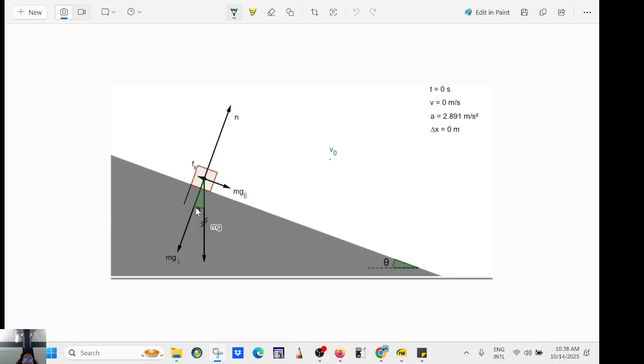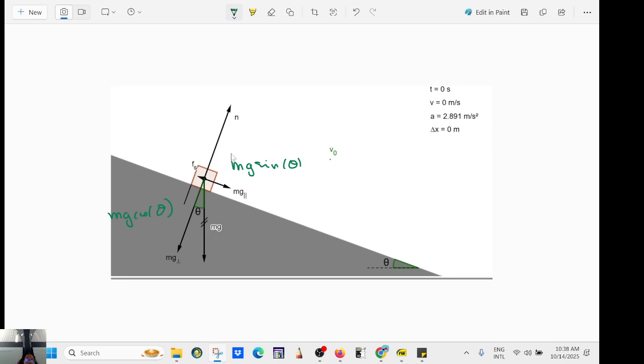So that theta is going to be here. What you need to memorize is that the component here is always mg sine theta. So the component of the weight along the plane is mg sine, and the component perpendicular to the plane is mg cosine.